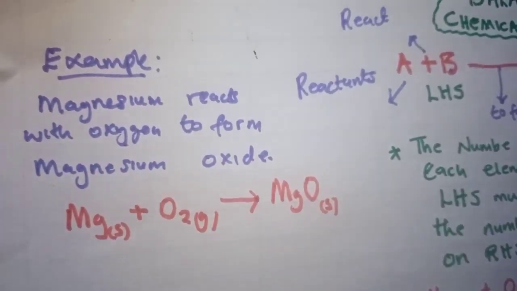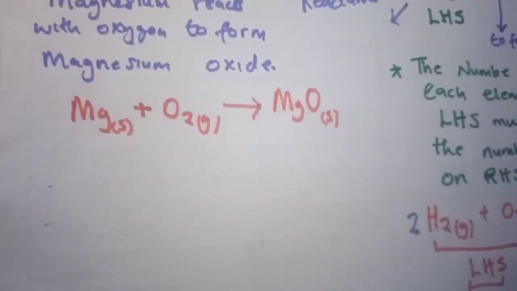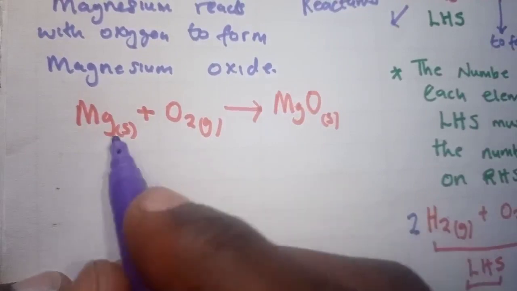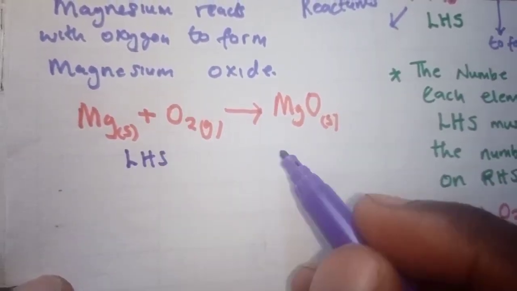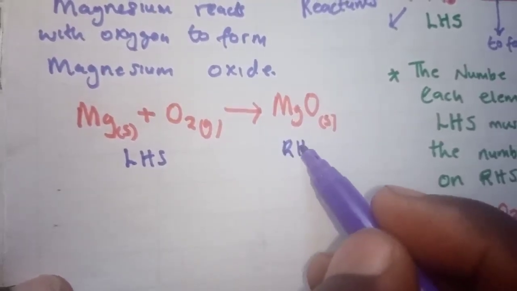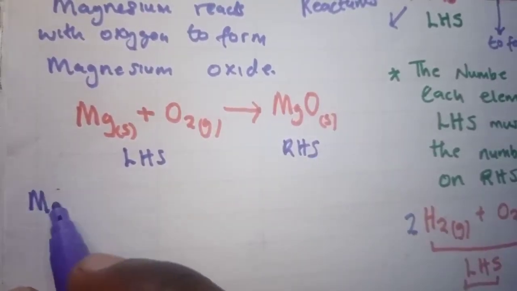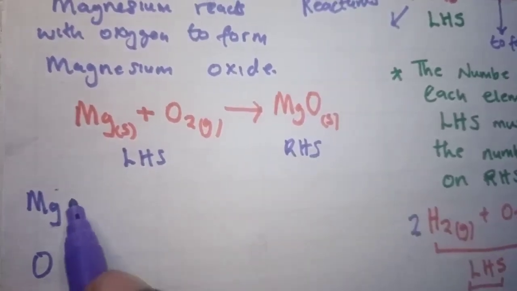Okay, let's see if the equation is balanced. So this is your left hand side, this is your right hand side. You have elements like magnesium and oxygen only.